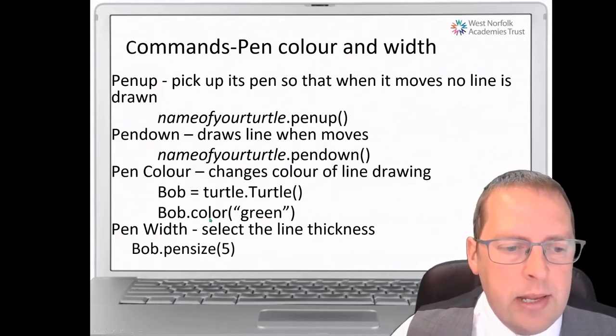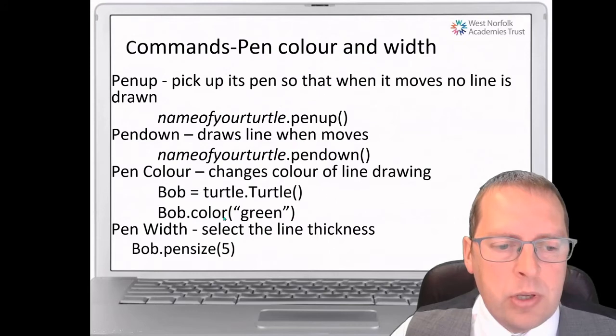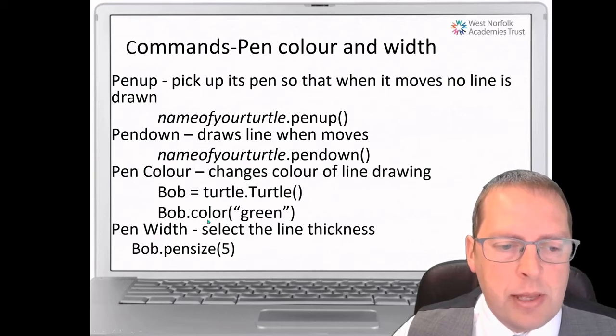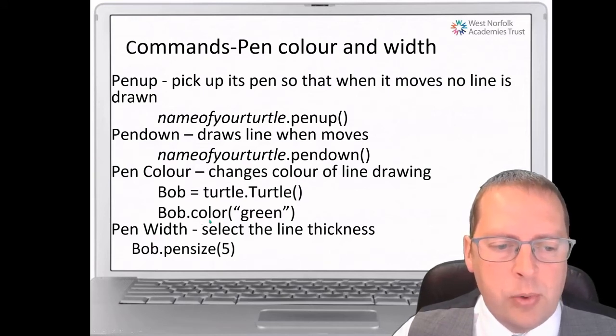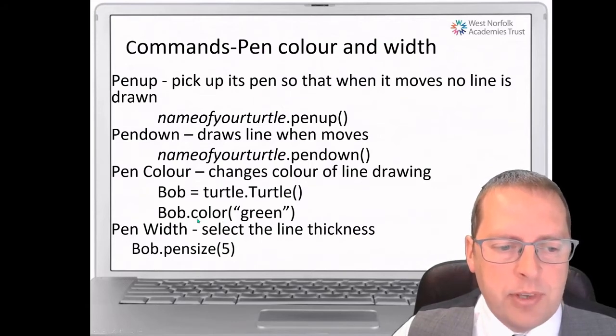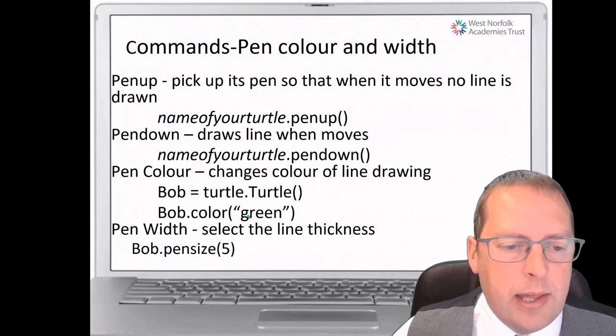Ordinarily we'll have C-O-L-O-U-R when we're writing in English, but in programming colour is often spelt C-O-L-O-R, so it drops the U when it comes to programming. So we've got bob.color, different spelling, you need to make sure it's correct like this. And then we've decided what colour to draw.